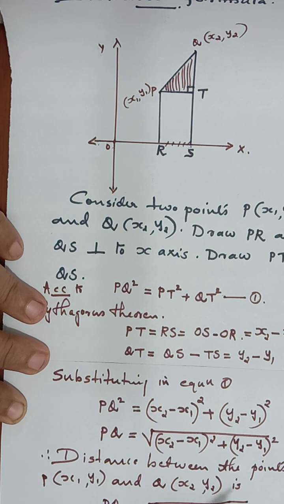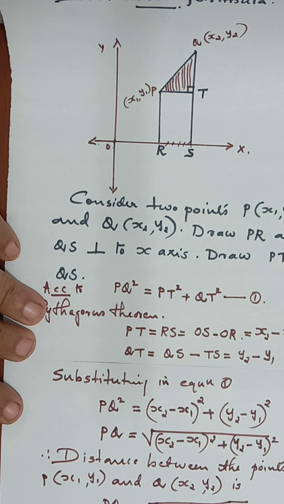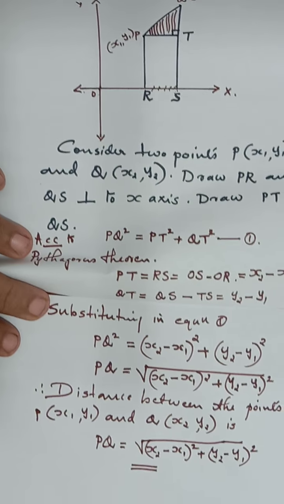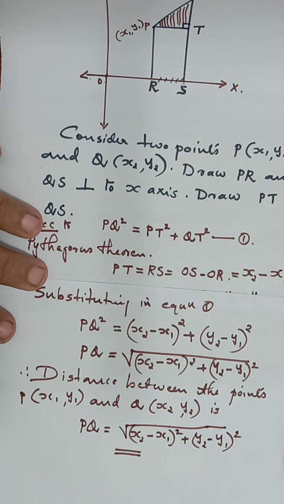This is called distance formula. This distance formula all of you have to study. Distance formula is, we will be having two coordinates x1 y1 and x2 y2. We have to take square root of x2 minus x1 whole square plus y2 minus y1 whole square.